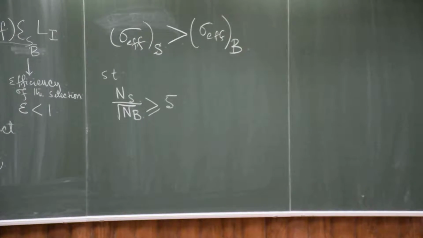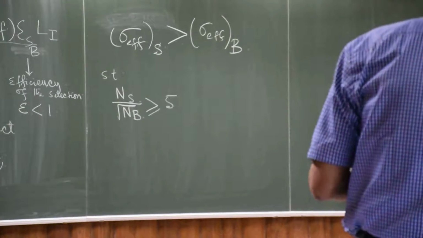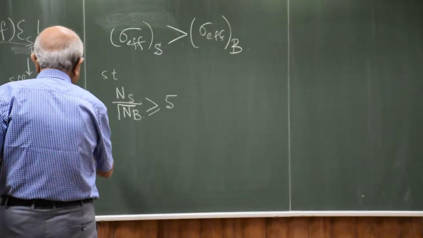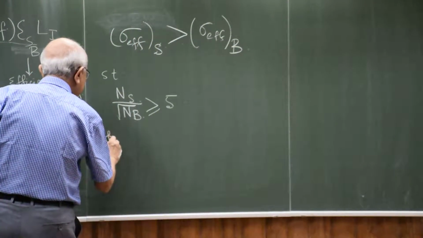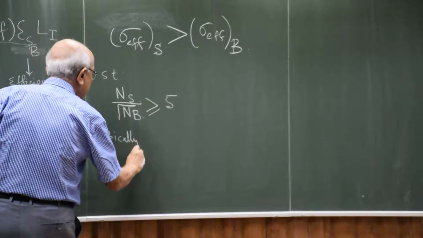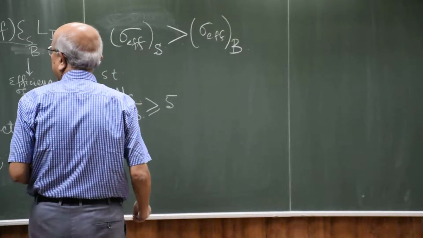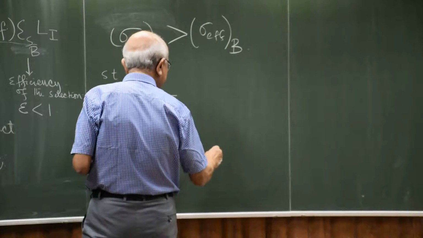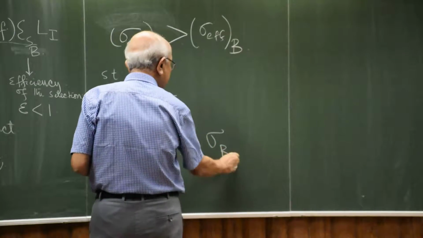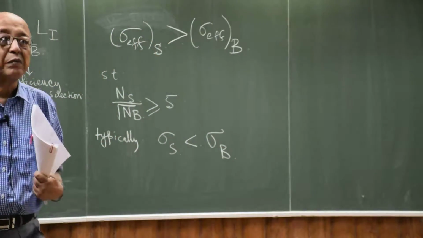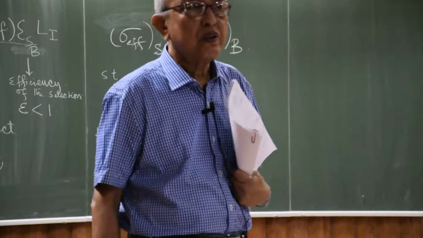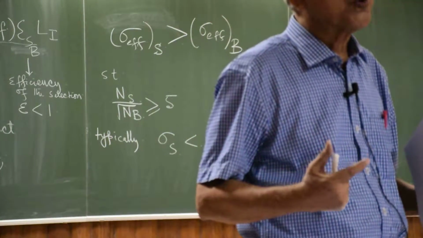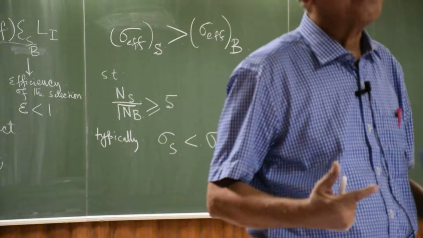So this is more or less the thing, but you have to keep in mind that typically sigma s is smaller than sigma background. Well, one reason is you are interested in producing heavy particles for new particle search.